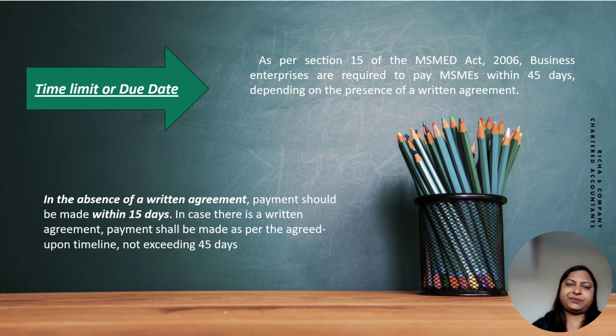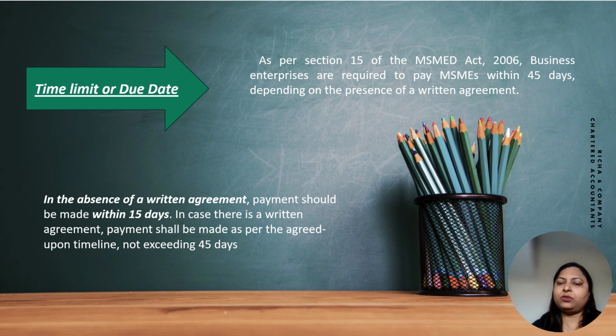So in simple terms, the business enterprises are required to pay micro and small companies within 45 days depending upon the presence of a written agreement. The maximum period could be only 45 days.